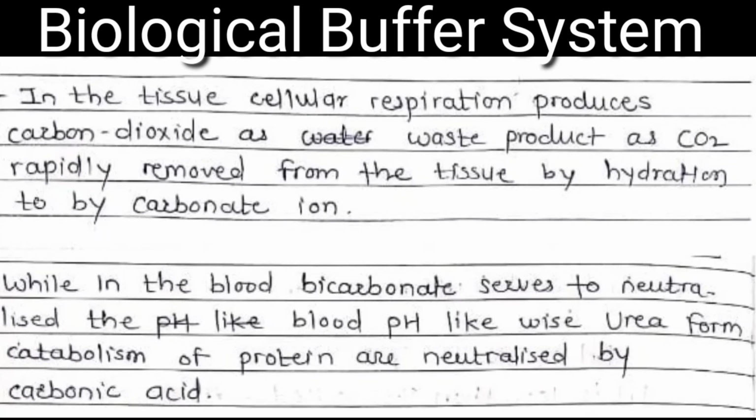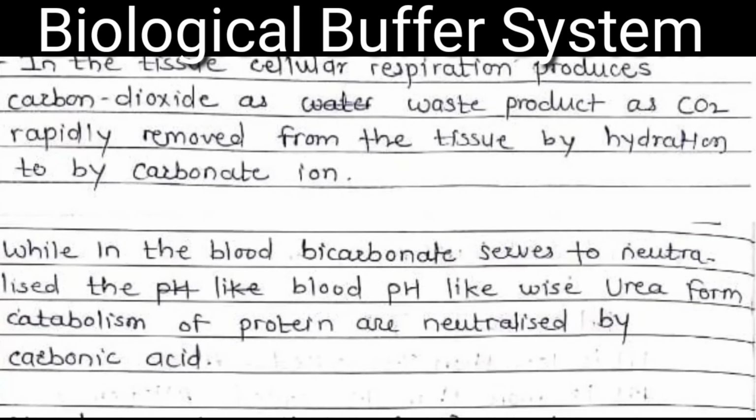Now, in the tissue, cellular respiration produces carbon dioxide as a waste product, and ultimately the carbon dioxide has to be removed from the tissue. So a water molecule is added to carbon dioxide, a reaction called hydration, forming carbonic acid, and ultimately the bicarbonate ion and the proton.